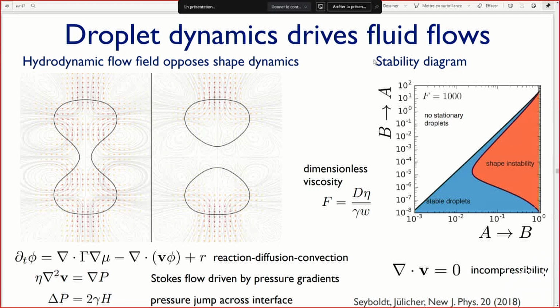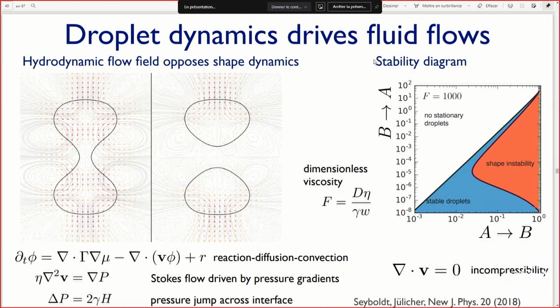So what one in principle has to solve is the system which adds to everything which I described also the hydrodynamics. So we have now an extra convection term in our concentration equation. This is the diffusion term, this is the convection term, this is the reaction term. The flow velocity is, in the simplest case, described by a Stokes equation. I take incompressible conditions. I have now a pressure field, and the pressure field can account for the Laplace pressure field, which is already governed by shape.